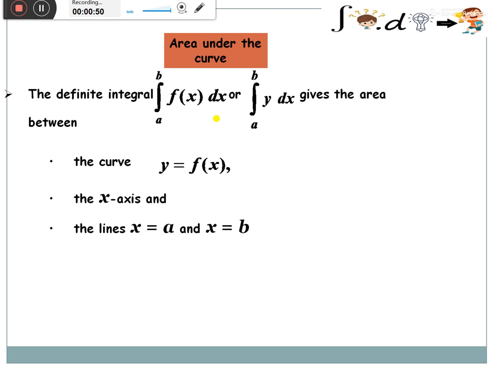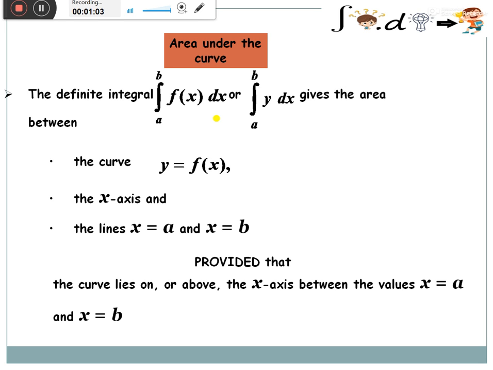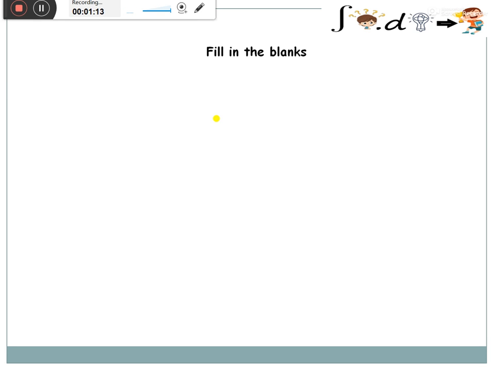That means integral from a to b f(x) dx is the area under the curve y is equal to f(x), where the curve lies on or above the x-axis and between the values x is equal to a and x is equal to b.